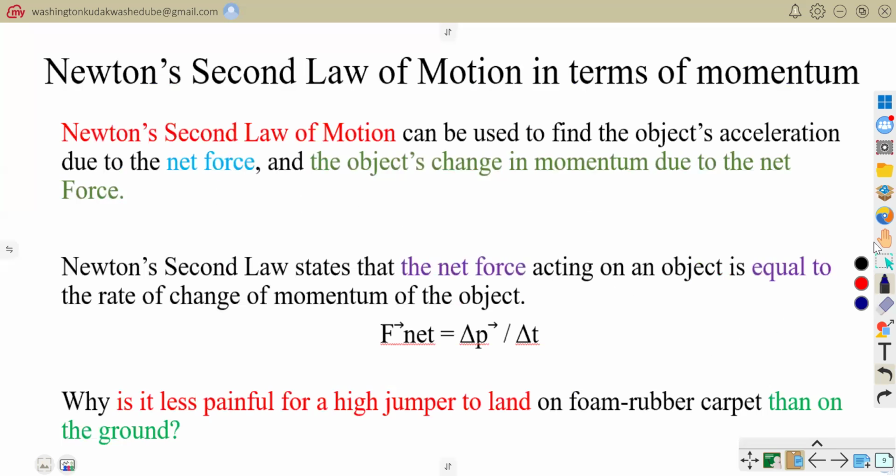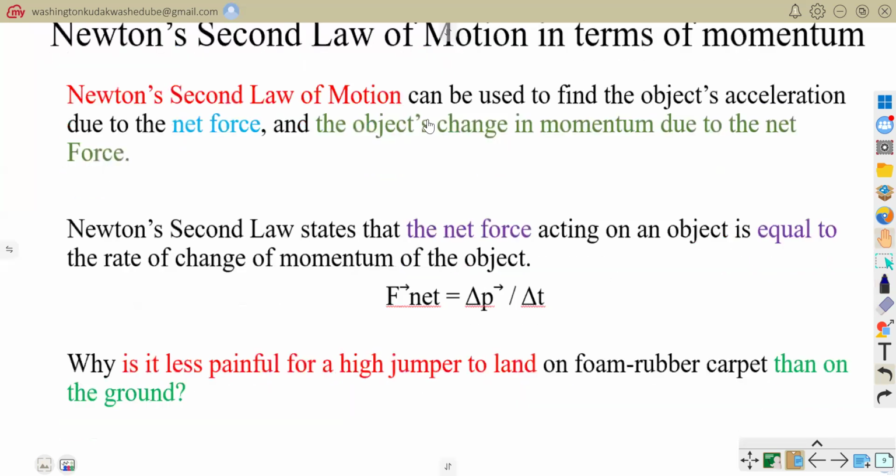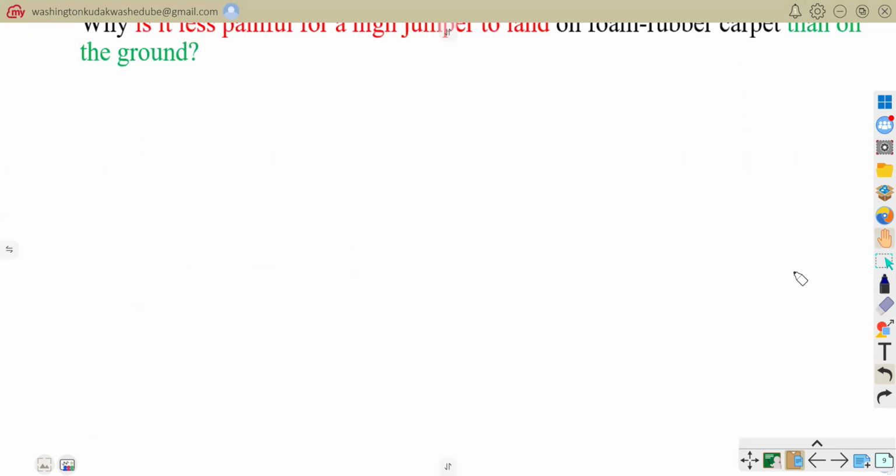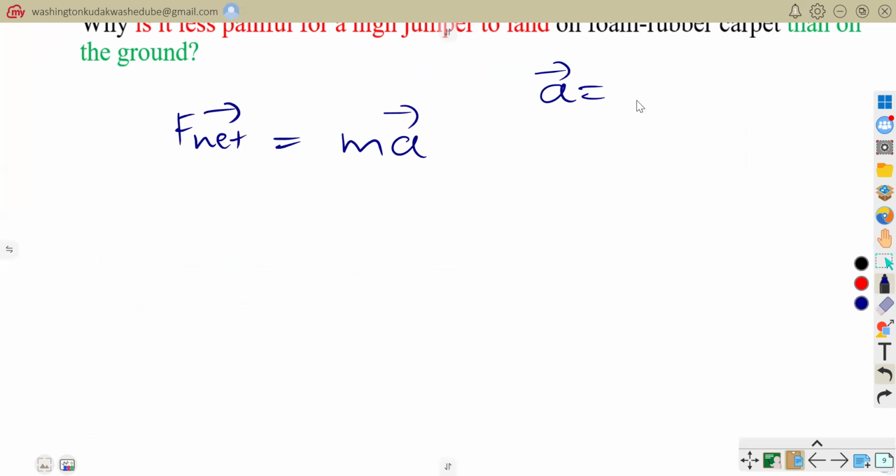Let me take you back to Newton's second law. We know that net force is equal to mass times acceleration. But also from grade 10 and grade 11, we know that acceleration is given by final velocity minus initial velocity over the change in time, which is the time interval.